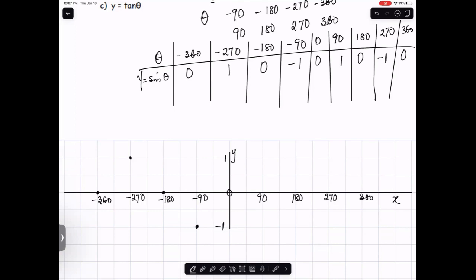Then for sine 0, we have 0 at this point. For sine 90, I have +1 on this point. On sine 180, we have 0 on this point. For sine 270, we have -1 on this point here. And for sine 360, we have 0.